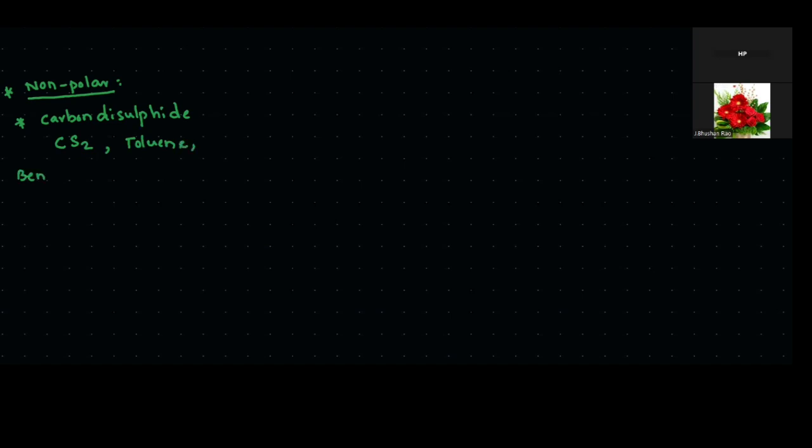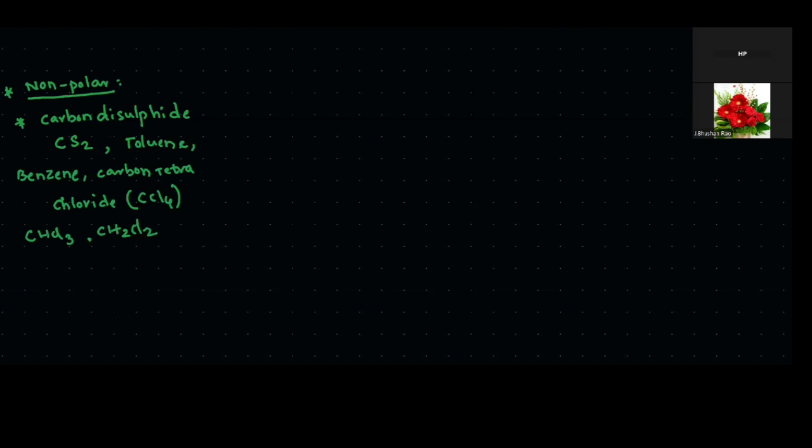Next, another one is carbon tetrachloride, CCl4. Next, CHCl3, which is chloroform or trichloromethane. CH2Cl2, dichloromethane, is also an example of a non-polar solvent.